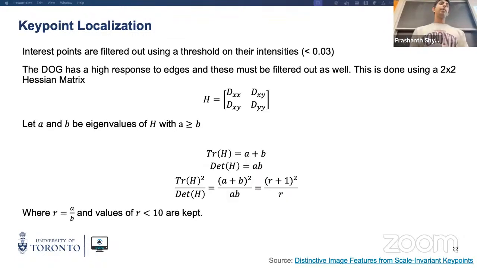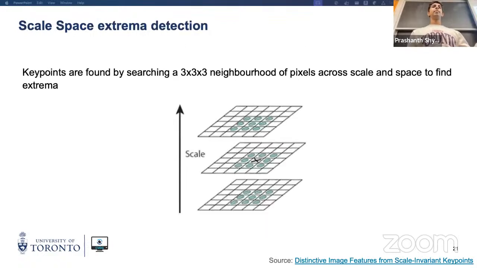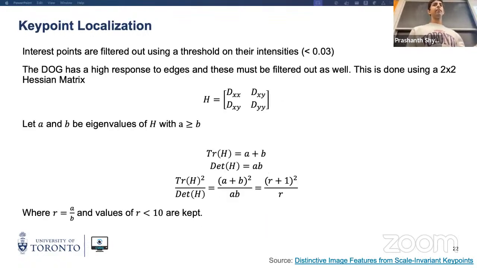Now, like I mentioned, by doing this, we get corners because corners also have really high intensities in the gradients. But we'll also find that we get edges from these feature points. We knew from optical flow that finding feature points on edges is bad because of the aperture problem.